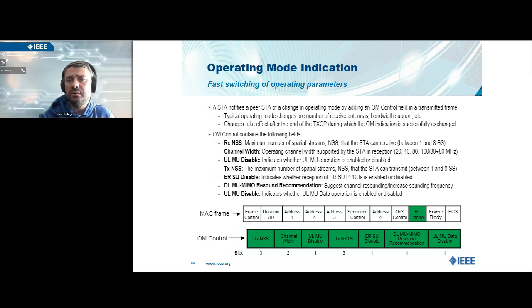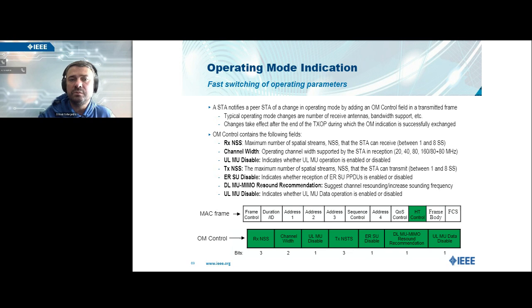It can also enable or disable the extended range single user mode, which was discussed yesterday during the PHY presentation, which is essentially a PPDU that provides extra link budget gains of, I believe, 3 to 5 dB. However, the use of the extended range single user PPDU increases the PPDU duration for the same amount of data, and as such can be enabled or disabled by a particular recipient.